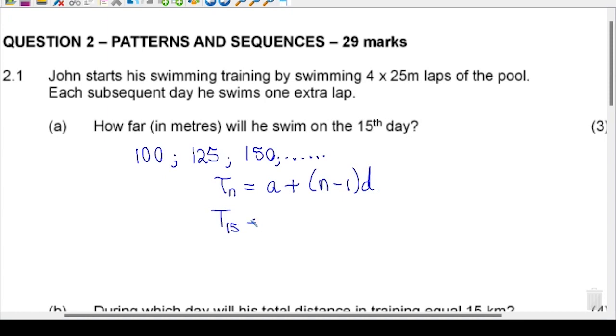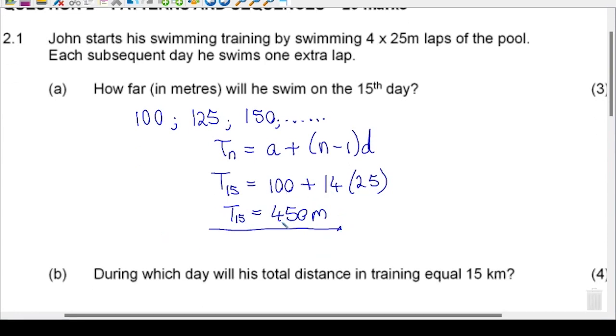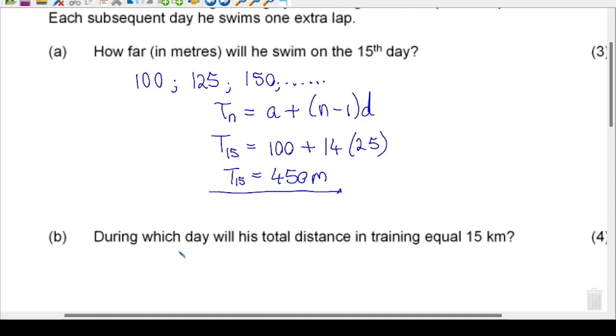So T15 is going to be A, the first term, which is 100, plus 14, 15 minus 1, 14 lots of D, and D is 25, and there we have it. All right, and we get a final answer here. I think it might be 450 meters, but let's just have a look. Yeah, 450 meters.